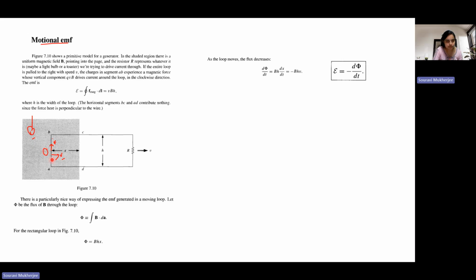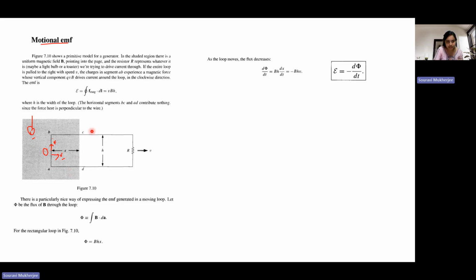And then the charge can move from A to B, which is given as h. So the net EMF turns out to be vBh. This EMF is coming because you are moving this loop out of a region of magnetic field. Now, there's another way of looking into it.